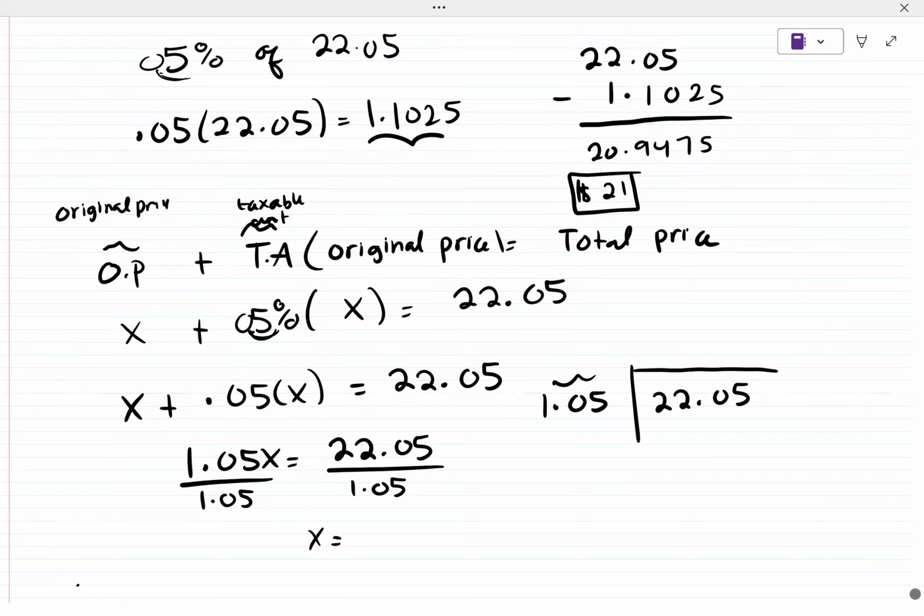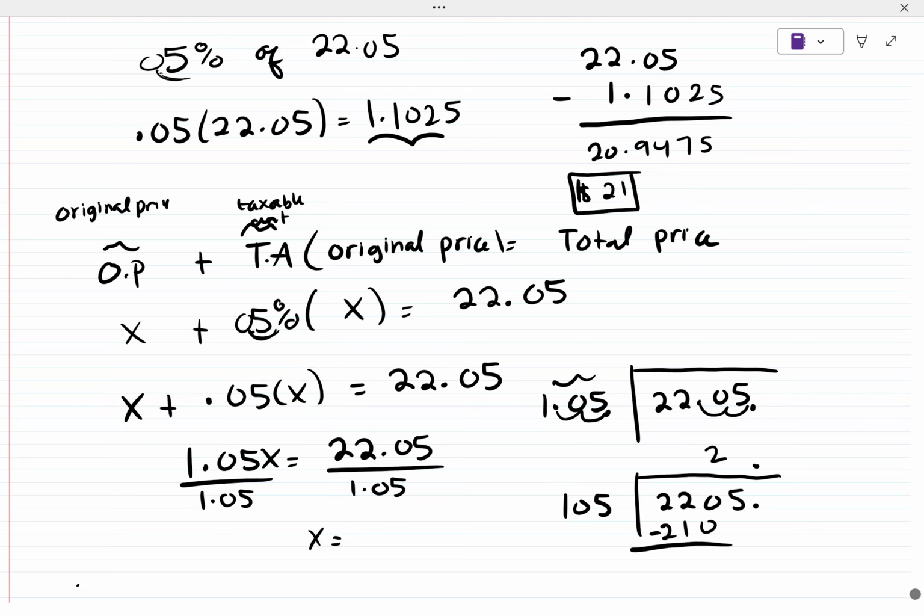So what you have to do is move this two places to the right, and then move this two places to the right. So your new problem is going to be 105 and then 22.05. How many times does 105 go into 220? About twice, because 2 times 105 is 210.